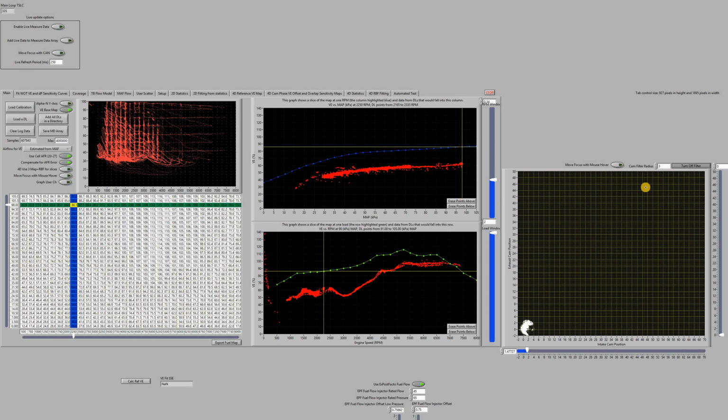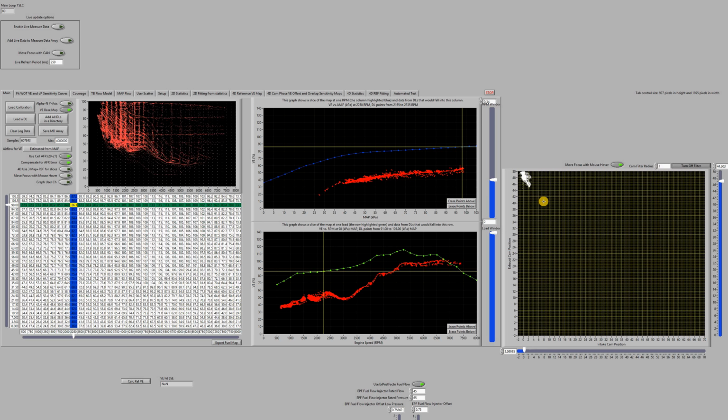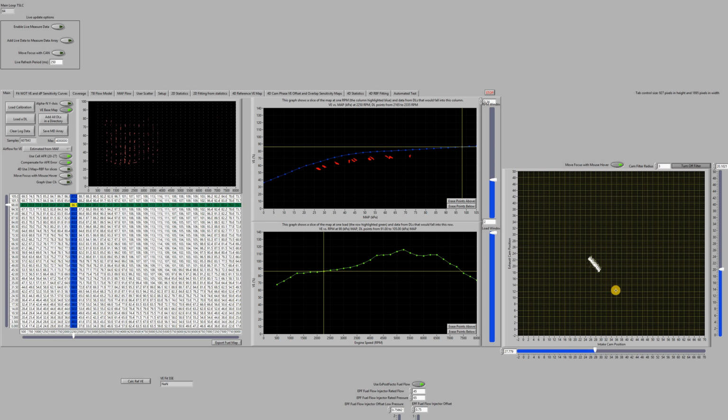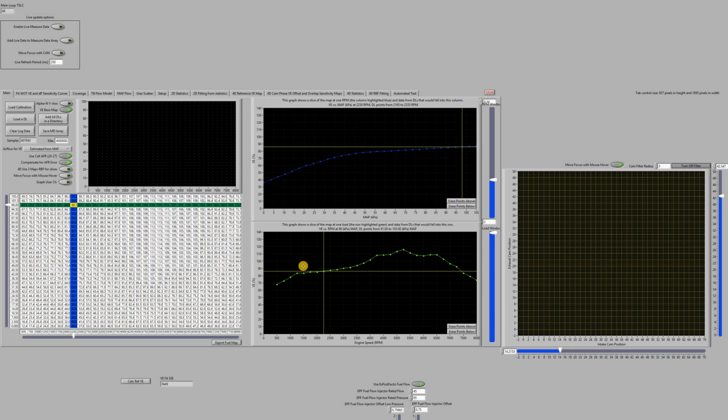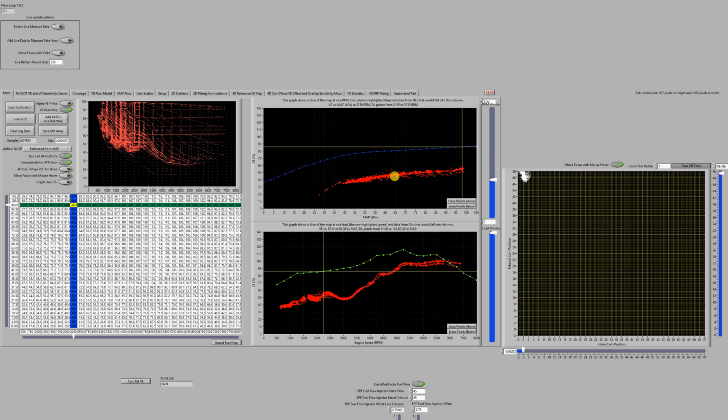I tried a couple of different things, one of which was based on the idea that if you move along the line of a constant overlap, and you watch this VE versus RPM, you can more or less offset it to get it about right, and there's not a dramatic change in slope of the VE versus MAP.